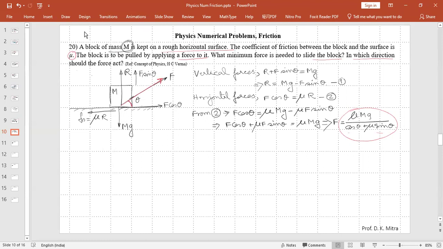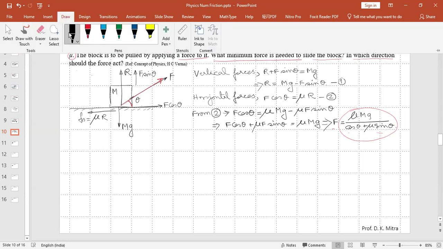Now, they want us to find out what minimum force is needed. So we want minimum. Now, if you remember your mathematics classes, how to find out the minimums.